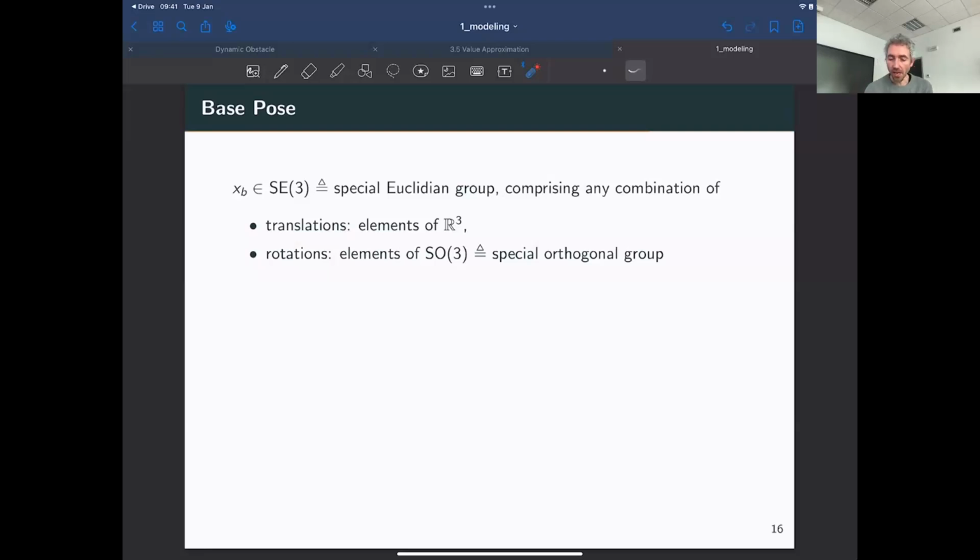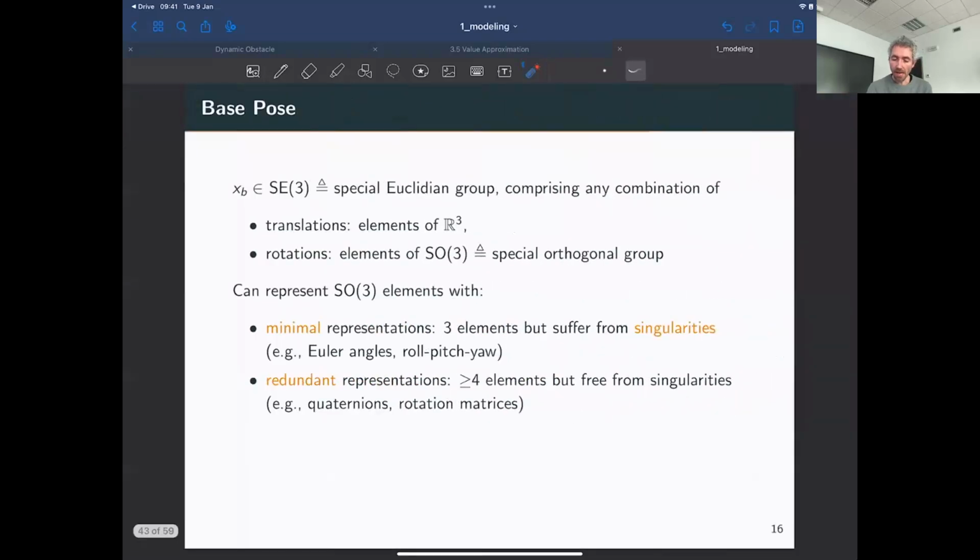So rotations are in general elements of SO3, which is the special orthogonal group. And they can be represented in different ways. You have the so-called minimal representations, which use only three values. Examples of these are the roll pitch yaw angles, or the Euler angles, which are just a generalization of roll pitch yaw.